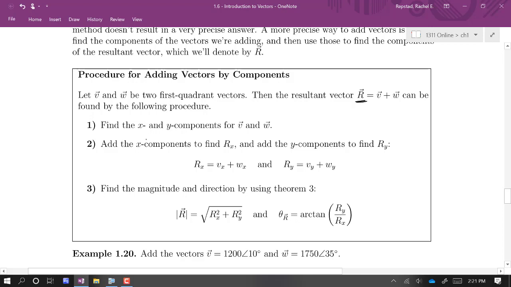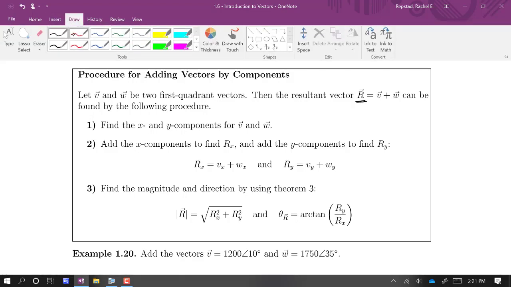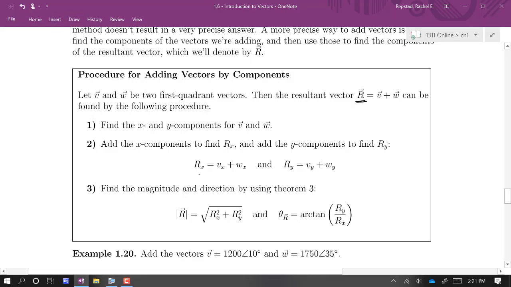First we're going to find the x and y components for both of the given vectors, for V and W. Then I get the x component for the resultant vector by just adding the two x components together. I get the y component simply by adding the two y components together. So once I know Rx and Ry, then we're back to what we just did on the previous example. If I know the components, I can get magnitude and direction by using Pythagoras and arctan.